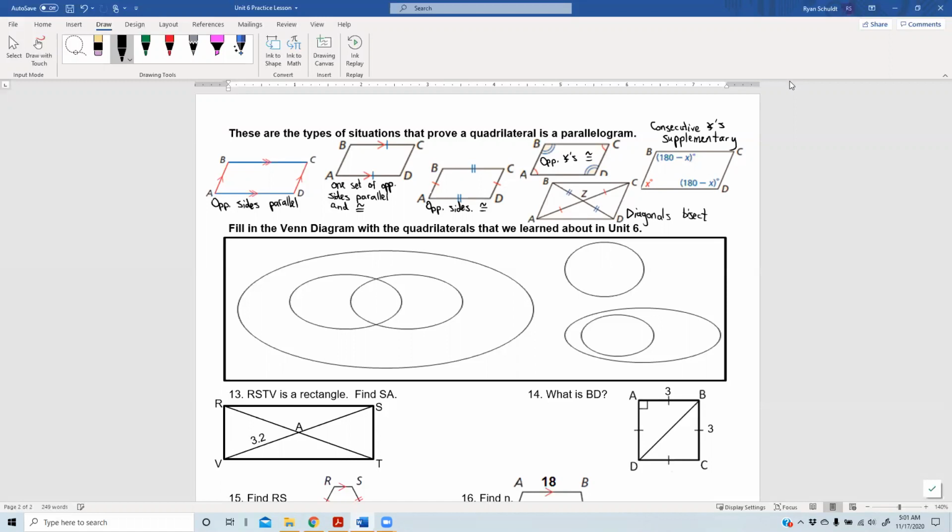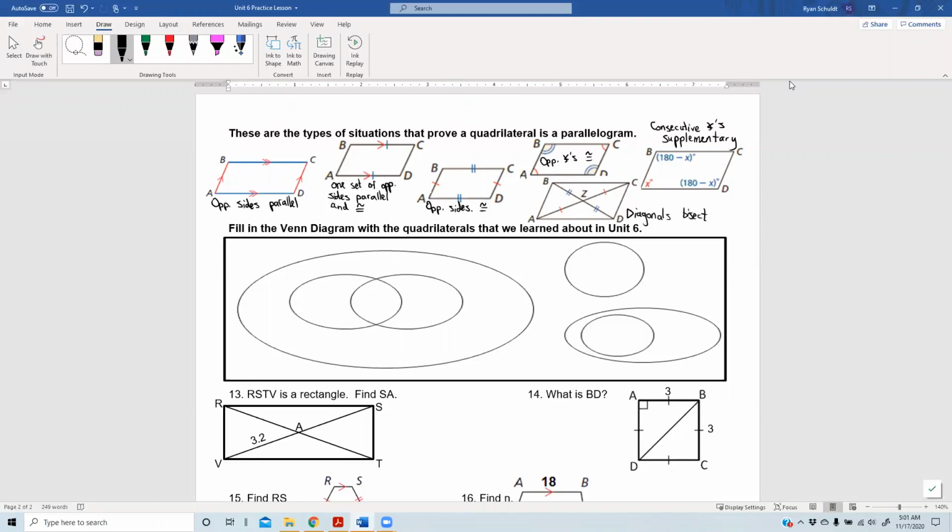So these are the six occurrences where, if this happens, you're guaranteed to have a parallelogram. We did this Venn diagram on Unit 6, day 4, but let's do it again just to recall the properties.